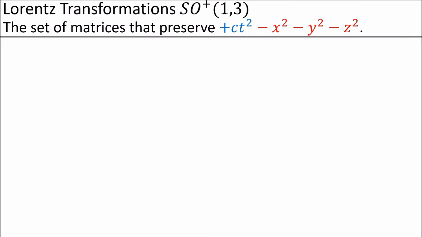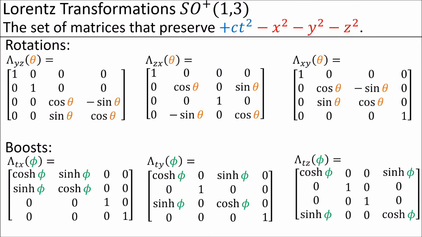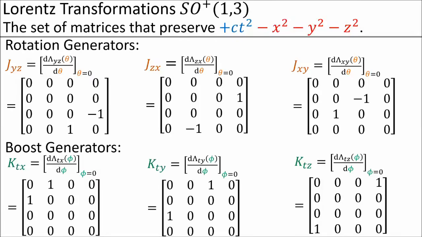This group includes 3 rotation and 3 Lorentz boost matrices. We can get the generators for these matrices the usual way by taking the derivative and setting the parameter to 0. The rotation generators, denoted with J's, are traceless and anti-symmetric, as we saw before.